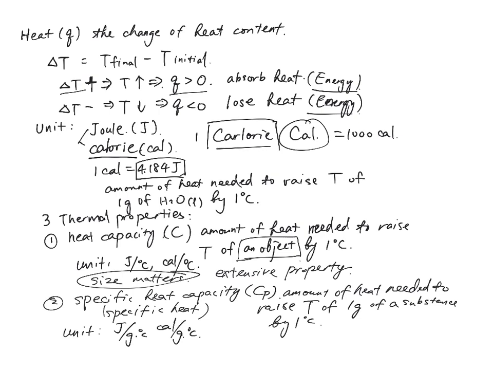Okay, now what's the difference? This is specifically 1 gram of a substance. So using the example that we used earlier, you view a cup of water, a bathtub of water, and the entire Chi Lake of water, okay, as 3 different objects.